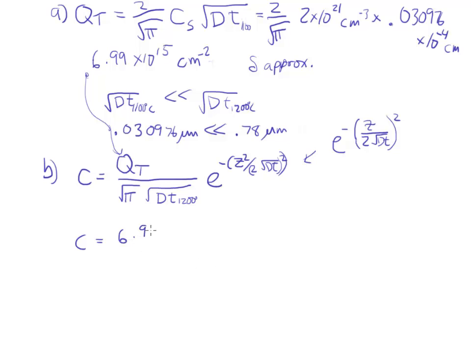So 6.99 times 10 to the 15 per centimeter squared, divided by square root of pi, divided by the Dt value we already calculated, 0.778 times 10 to the minus 4 centimeters.